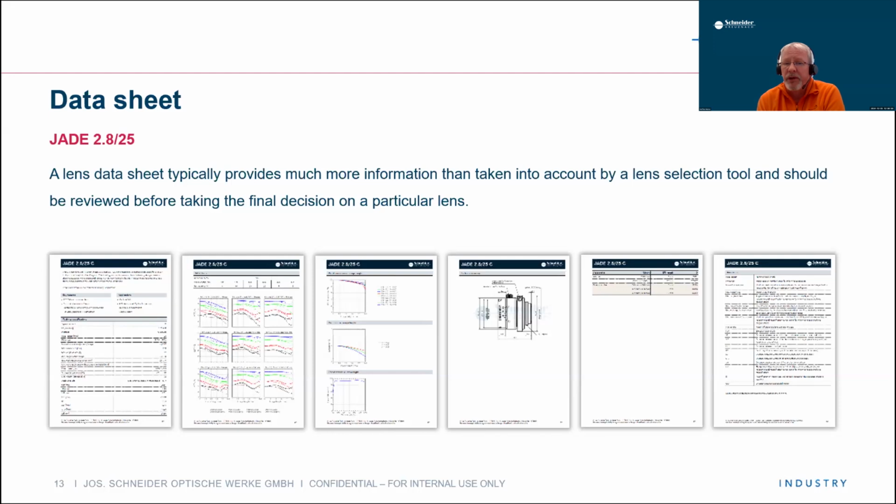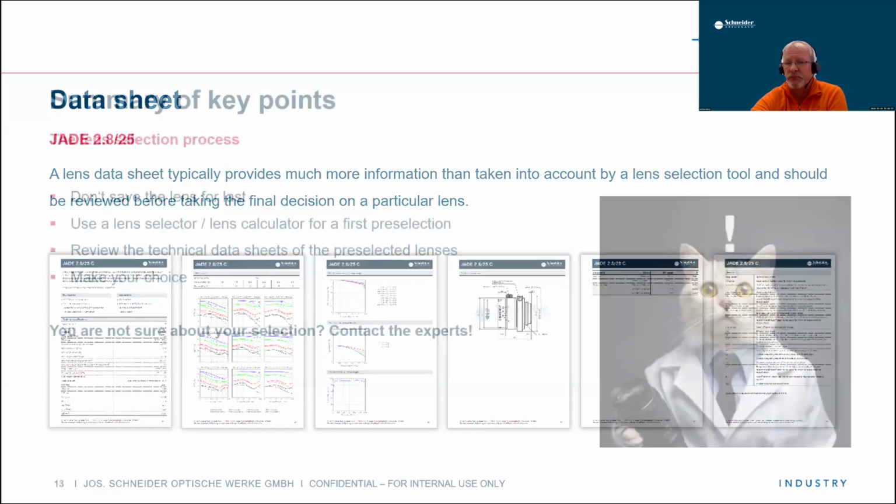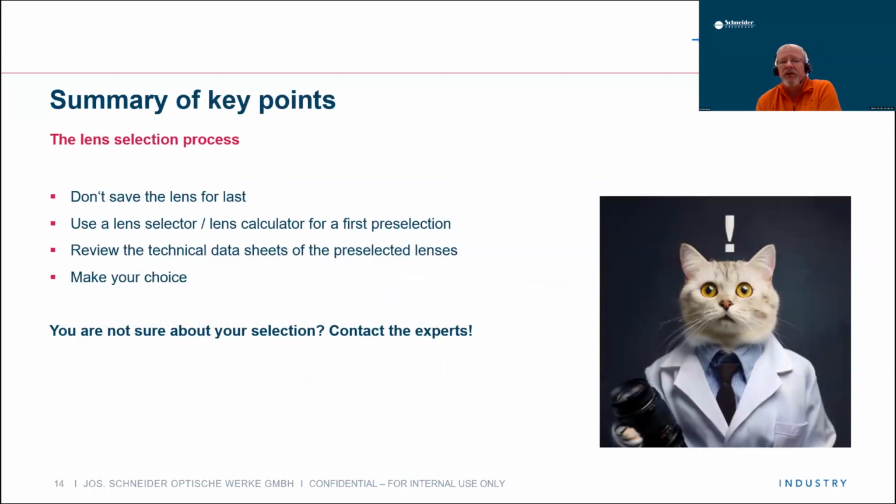And I really recommend you can use a lens selection tool as a first pre-selection, but then try to get more information about a few pre-selected lenses so that you really can decide what is the best lens for my application.